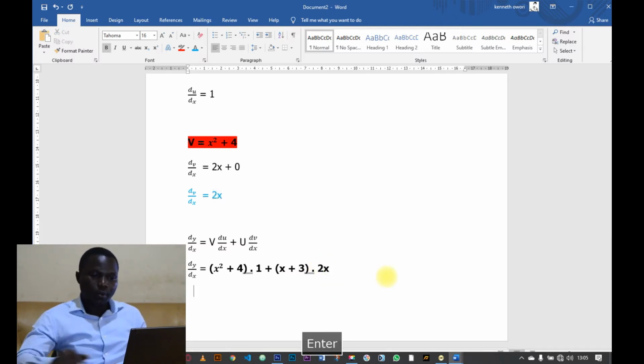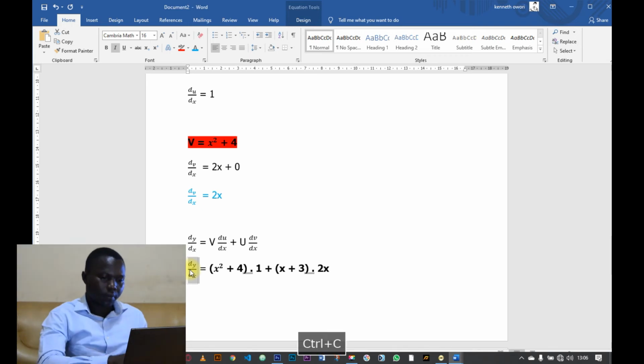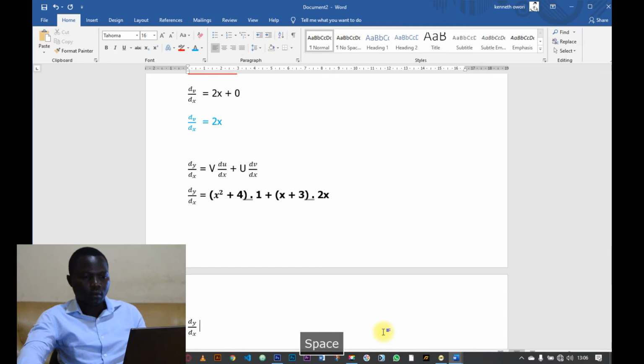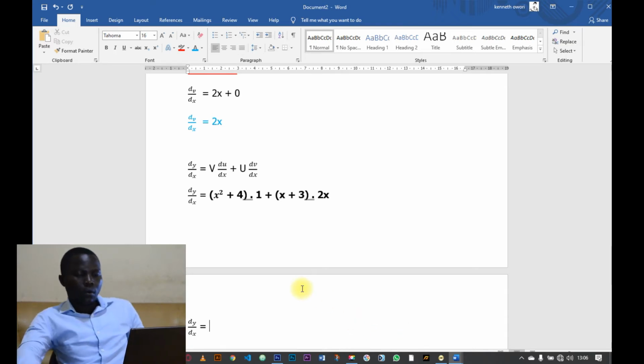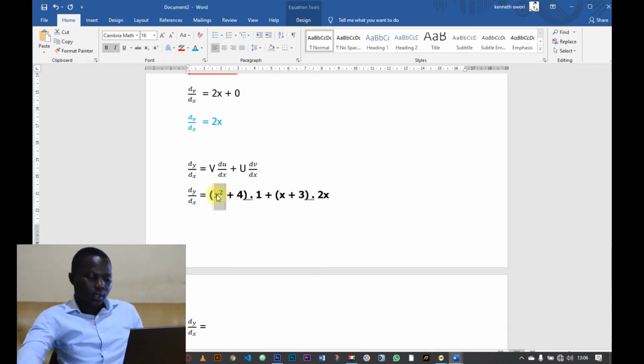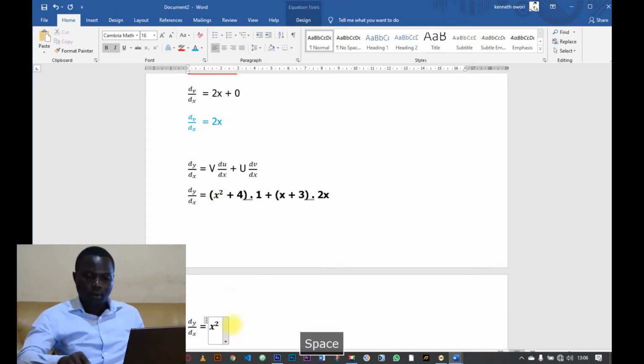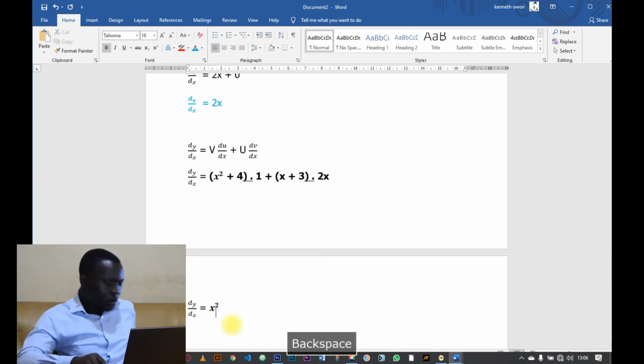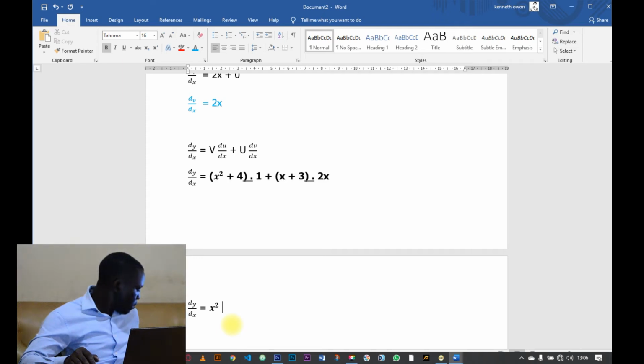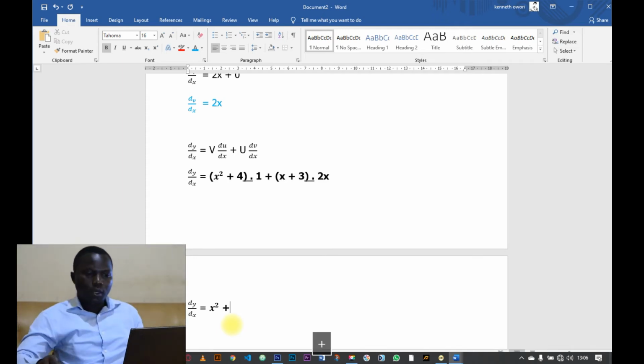So now we are going to open brackets by multiplying the respective values as below. So 1 times x squared, we get x squared, plus 1 times 4.